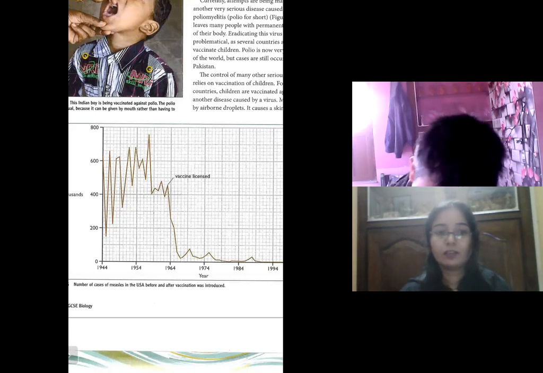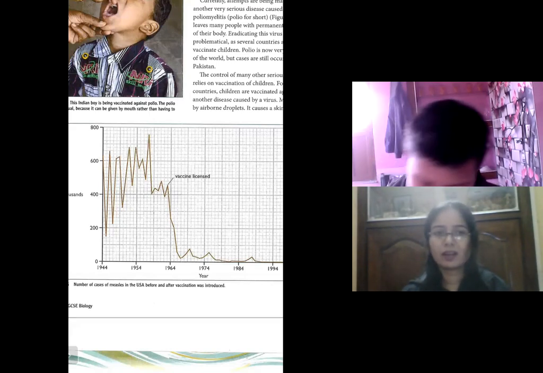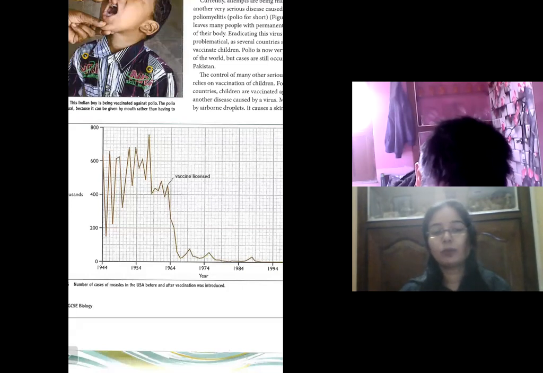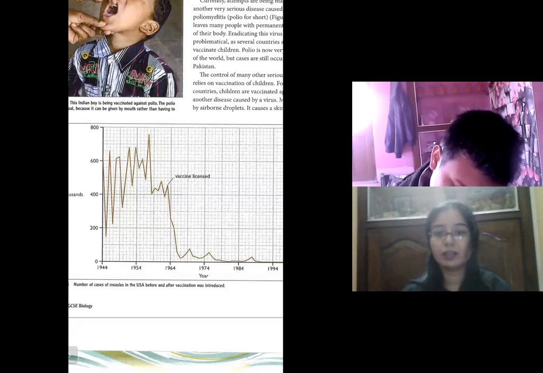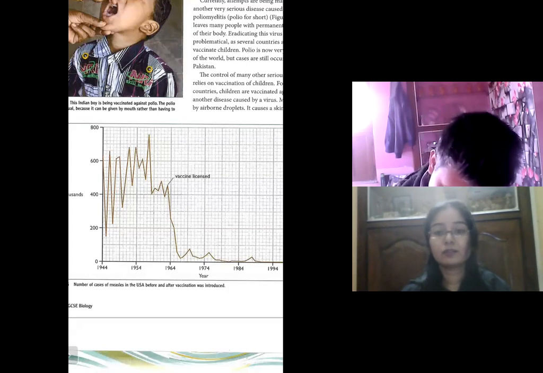The whole population was completely immunized against measles, against the disease.